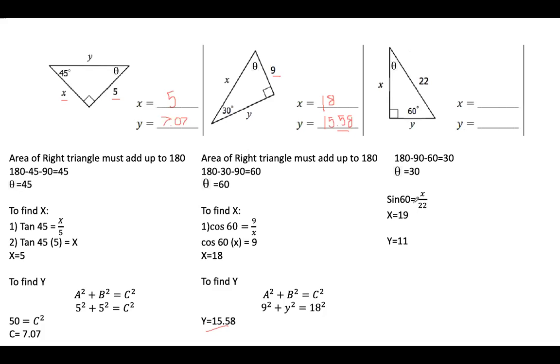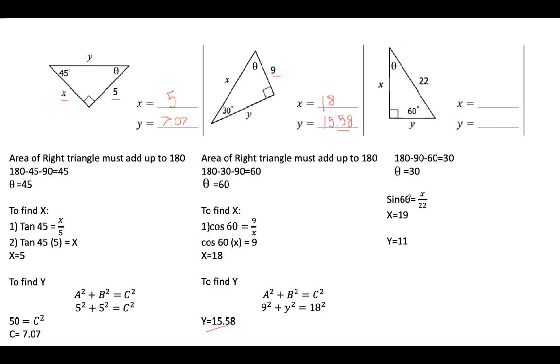So sine of 60, we remember that, referring back to SOHCAHTOA, sine is opposite over hypotenuse. In relation to this angle, this is the opposite side and this is the hypotenuse. The hypotenuse always remains the same, but the adjacent and the opposite can change.